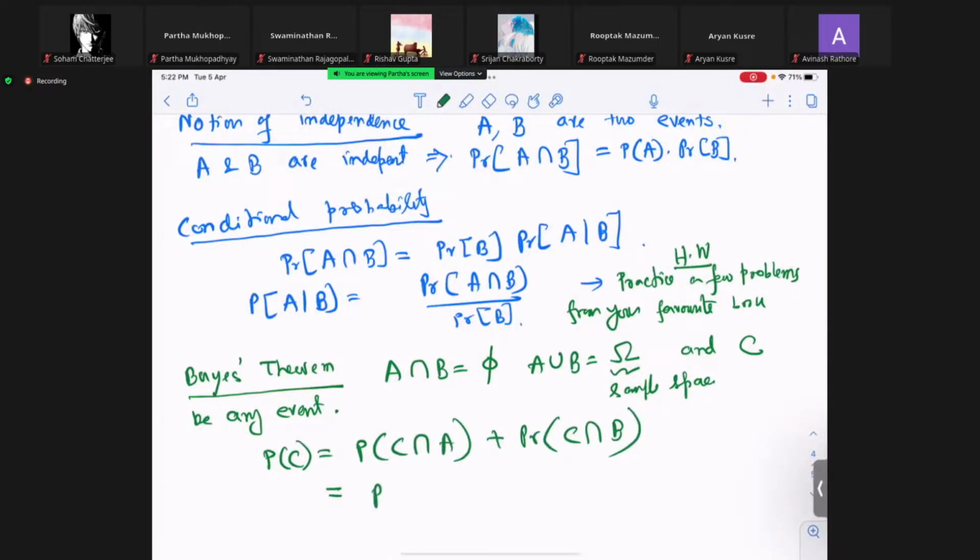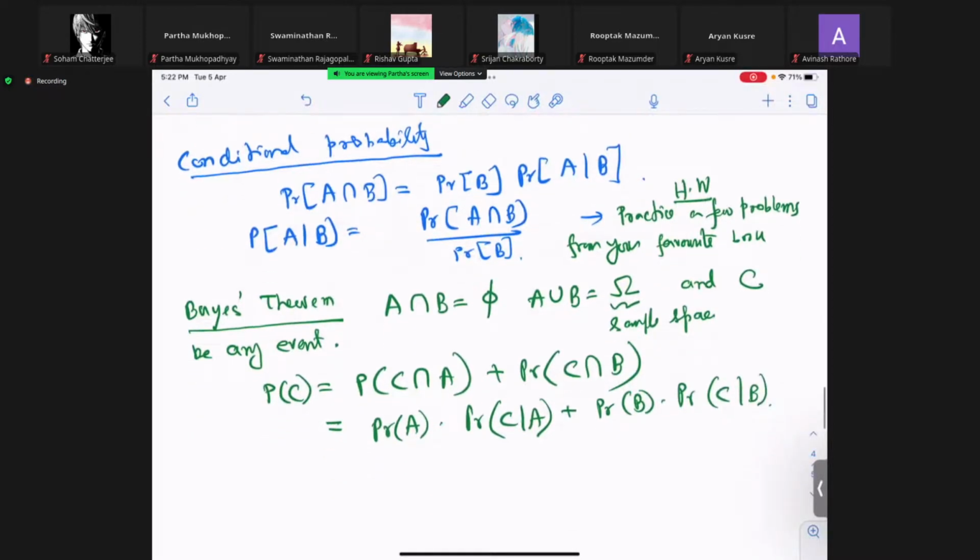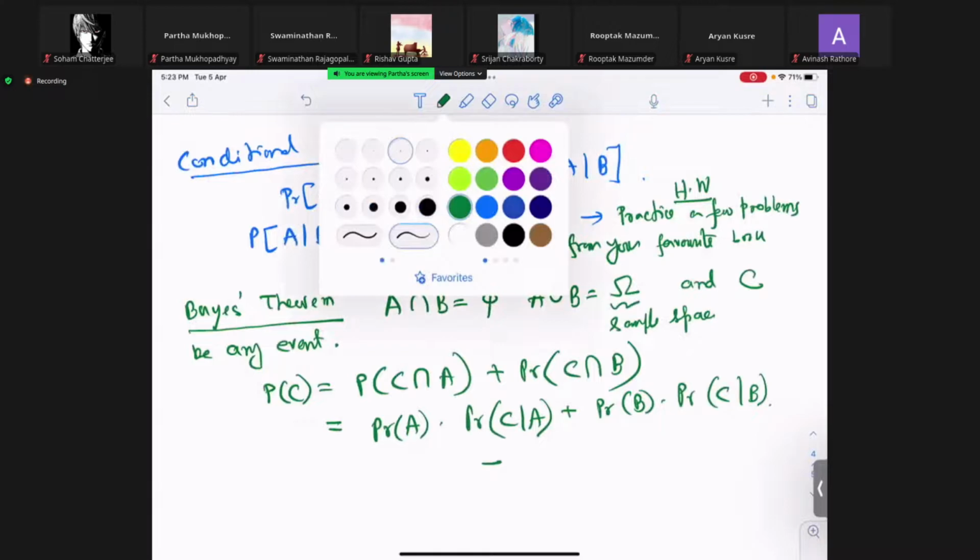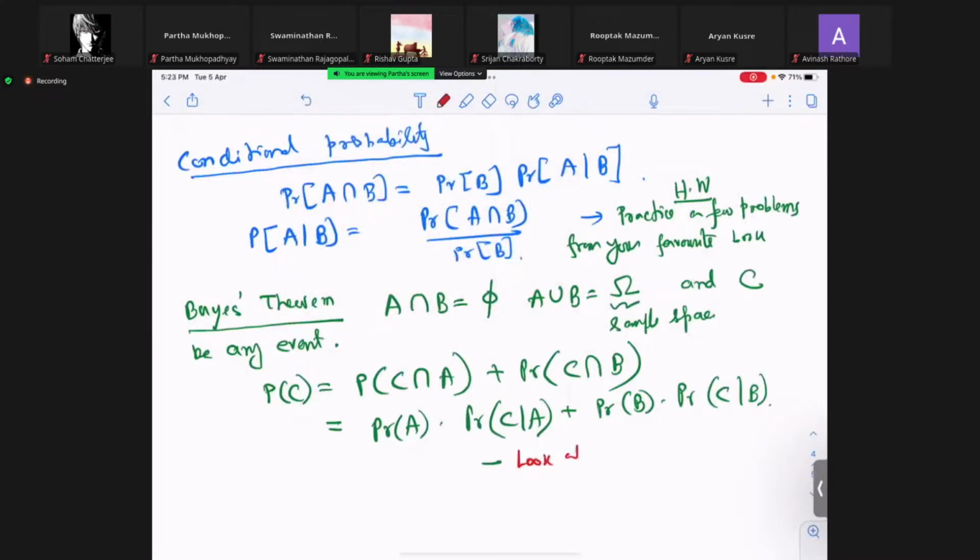So that's equal to probability of A times the conditional probability of C given A, plus the same for B. So this is the Bayes theorem. The proof as we wrote is immediate. Also look at the generalization. I'll leave this as an exercise. Generalization means instead of two events, you will have K events, and in a similar way you will write.